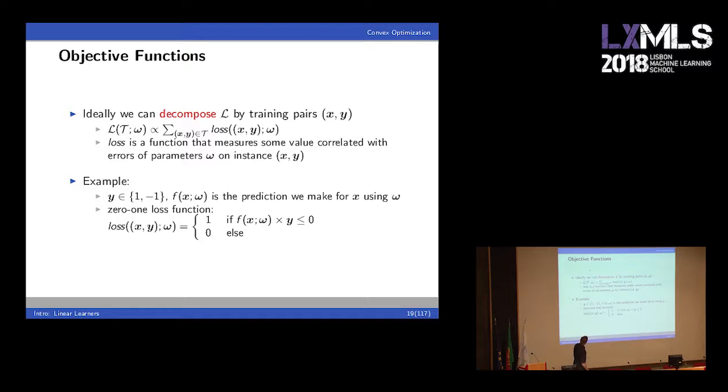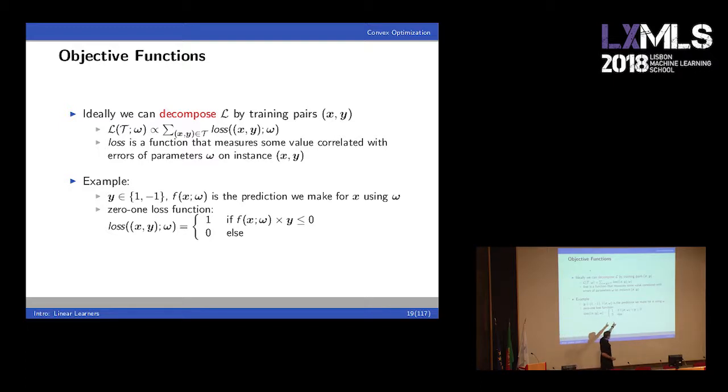Okay, an example for an objective function would be the 0-1 loss function. That's the classical objective function for binary classification. For each example, the loss is defined as 1 if our prediction times the label is less than or equal to 0.